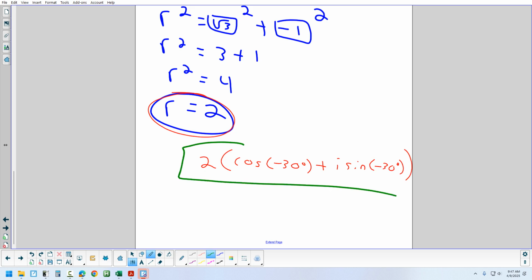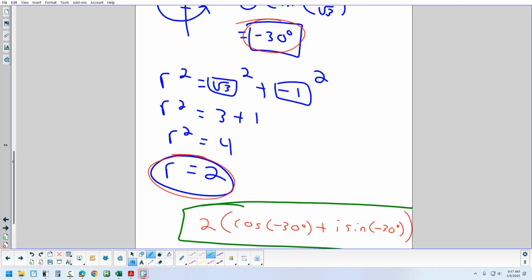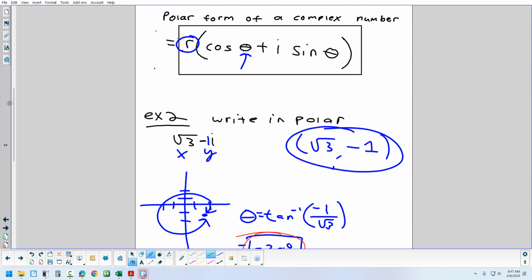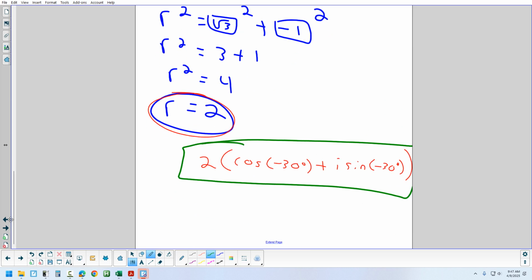That is the final answer. And if you're like, why don't you do that out? Well, if you distribute it out and you do it all out, you're going to change what's in that green box all the way back to what you started with. So if we wanted to check it, we could do that, but we don't want to do it out. That's the final answer.